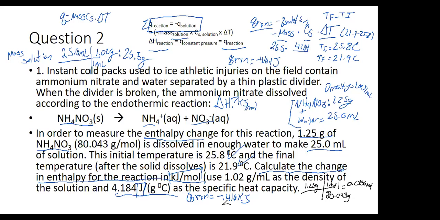So to get to kilojoules per mole, I take how many kilojoules that heat change was and divide that by how many moles I used to make that change, to get my final answer of negative 26.7 kilojoules per mole.